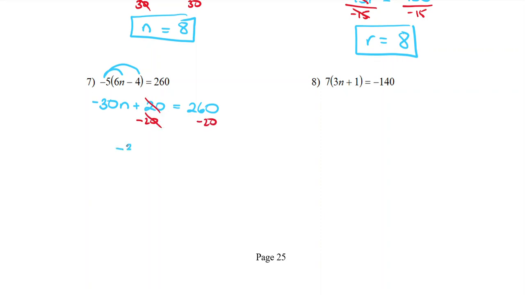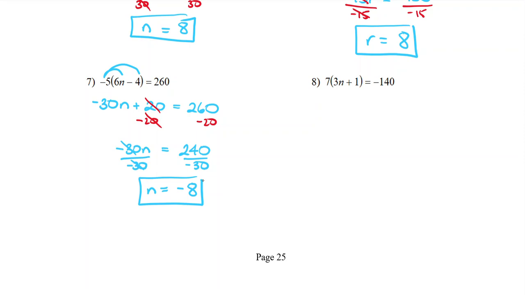So I get minus 30n equals, what is 260 minus 20? It's not minus, but just 240. Then what's the next step? Over 30. So we're going to go over minus 30. Type that in your calculator, and you get, I guess it's slightly different. It's minus 8 this time.